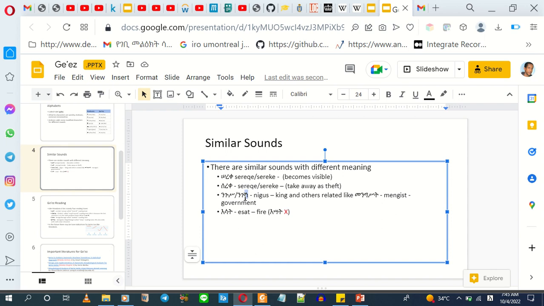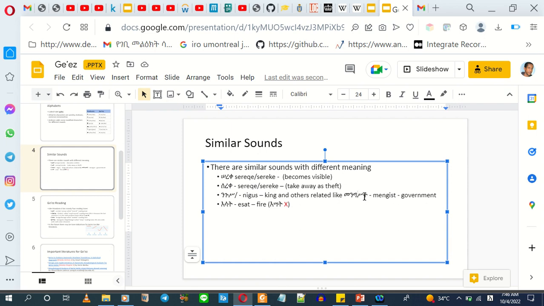This character is here to represent other words, not used for this one. So this one is impossible to use. Like derived or similar words, for example, Mangist means government, which is related to king, and it should be written like this one.